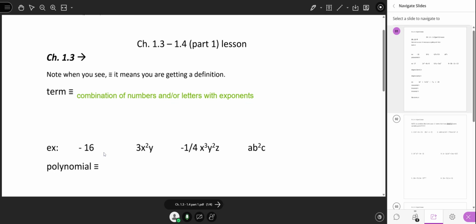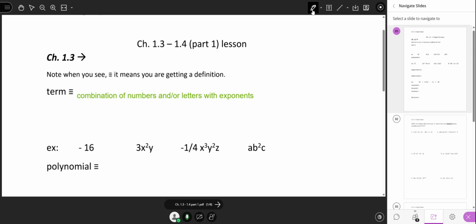Some examples of those would be -16, 3x squared y, -1/4 x cubed y squared z, a b squared c.